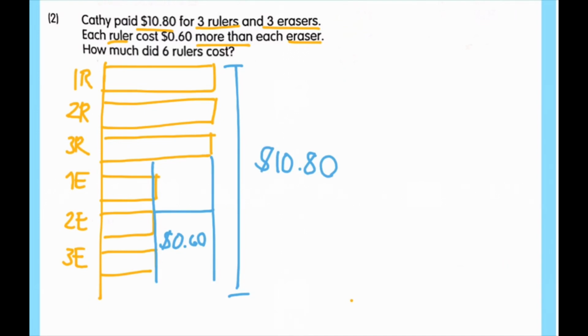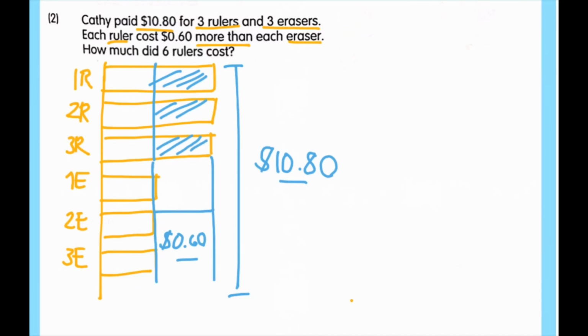Now we need to know how much 6 rulers cost. First, with the given information that we have, we can eliminate or take away the parts that we already know. We know that this costs 60 cents. Also, the other 2 parts.